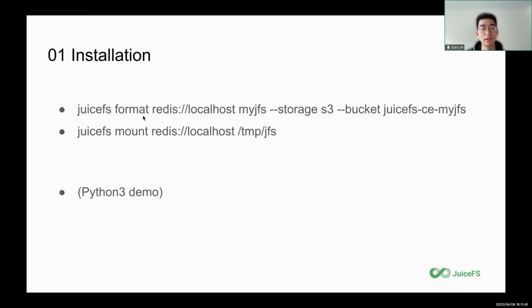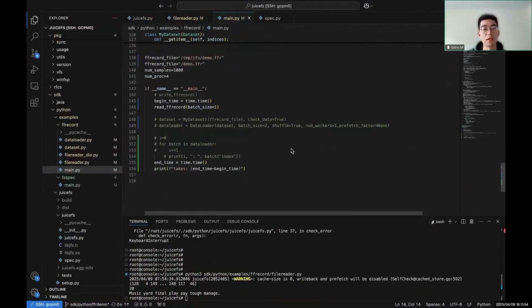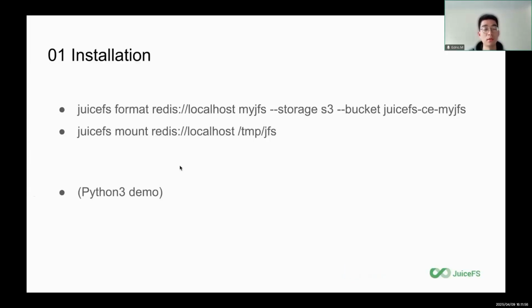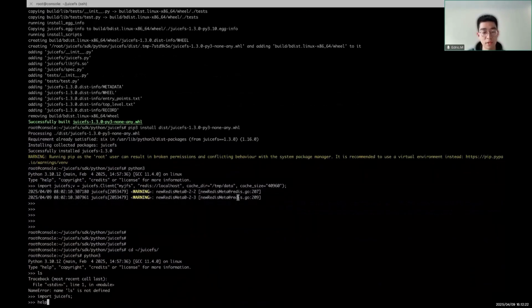We have already formatted one file system here, and it looks like this. In a moment, we will go directly into Python to take a look at ours. How do we use this Python SDK, and what kind of API does it provide? Let's start by using help, because most of our documentation can be directly accessed through help.